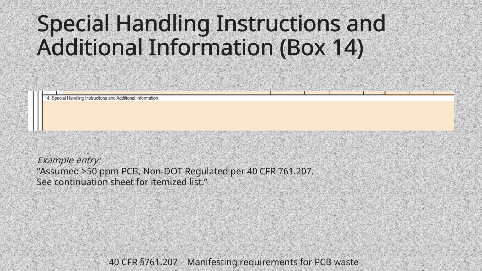You can also reference continuation sheets here if you have a detailed list of the items. Remember, this box is your opportunity to provide clarity for the transporter and the receiving facility, so always note key details like assumptions, regulatory citations, or emergency response guidance.